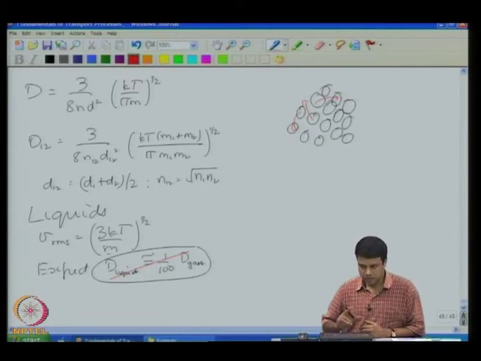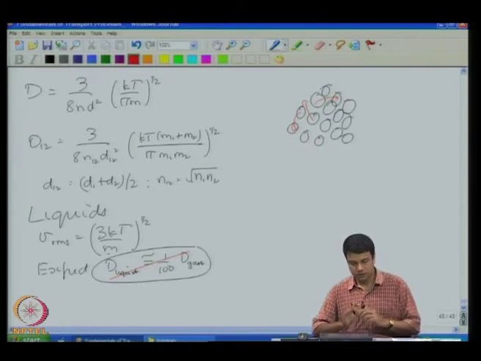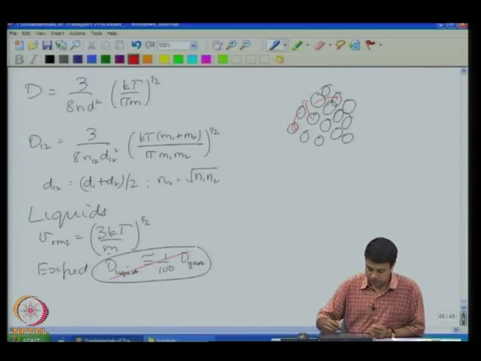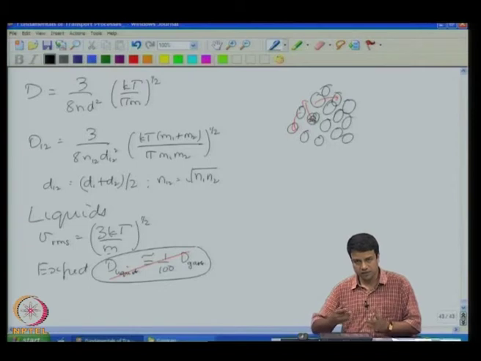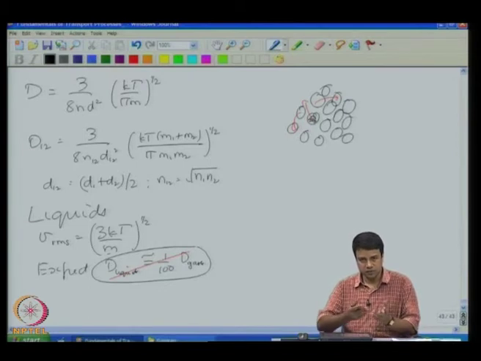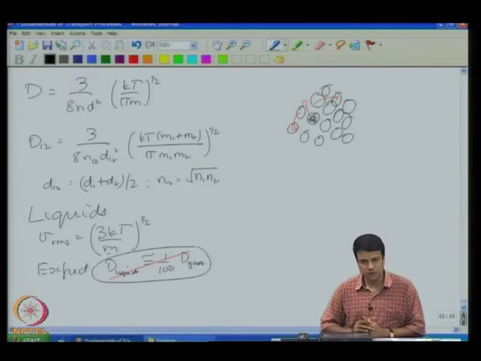The motion of one molecule requires other molecules to move out. For most of the time, the molecules in a liquid are rattling within a cage that is made of the neighboring molecules, and occasionally there is a rearrangement where one molecule moves out because the neighboring molecules have moved in such a way as to permit the passage of this molecule. Transport of mass requires the physical motion of molecules, and for this reason diffusion in liquids is a much slower process.